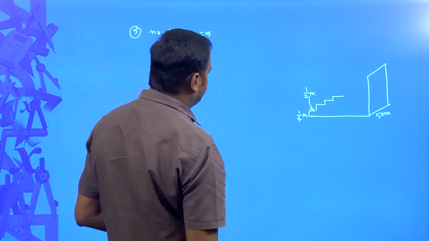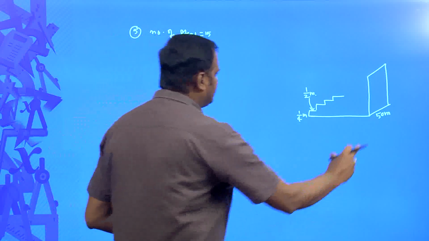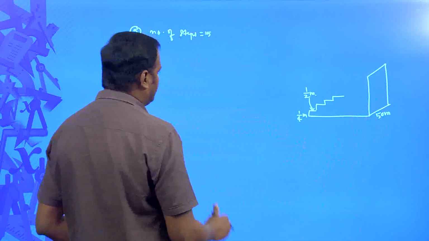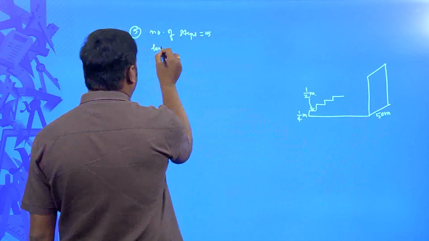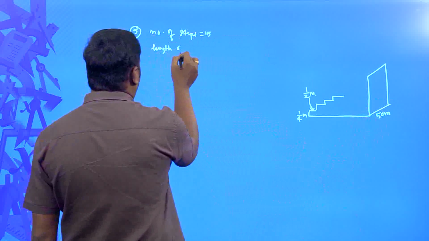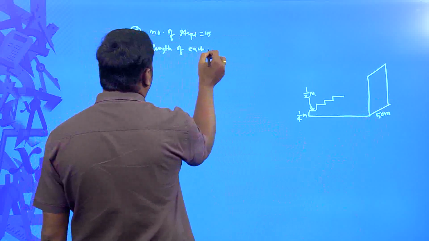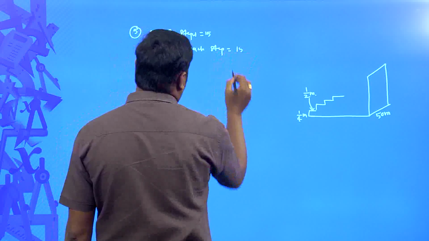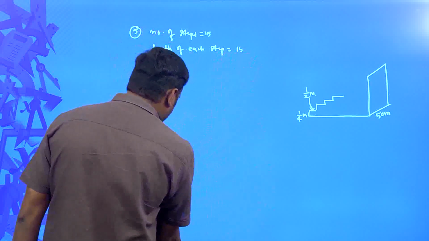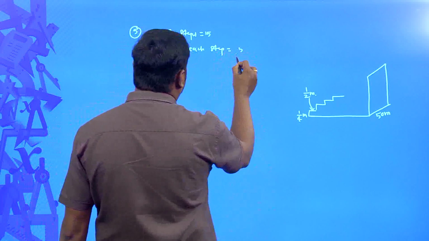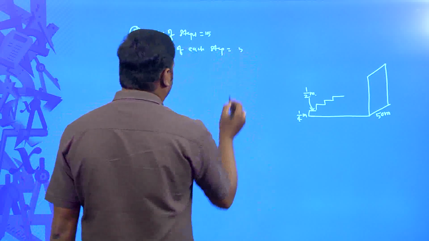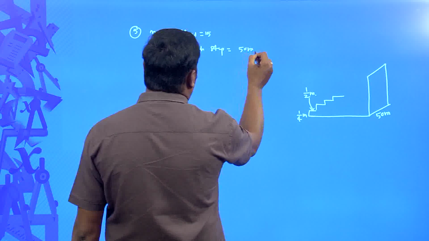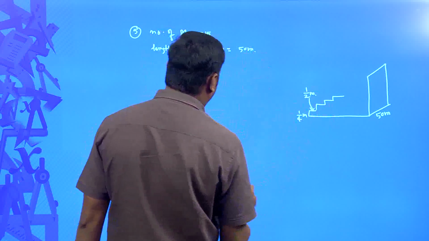Here we need to understand one thing: the length of each step is equal to 50 meters. When this is 50 meters, what varies here? The width of the step is half meter.